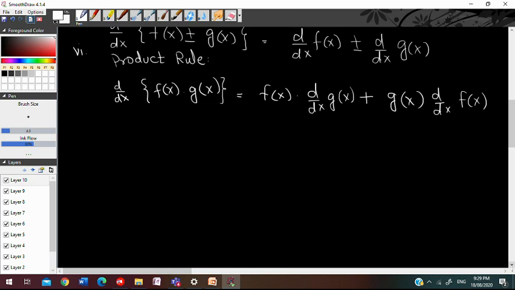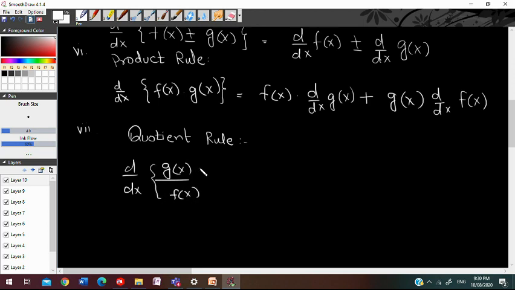Then we have the last rule, quotient rule. In quotient rule, d by dx of two functions. This rule is a little bit complicated, but when you apply this on questions, it will not become very difficult.